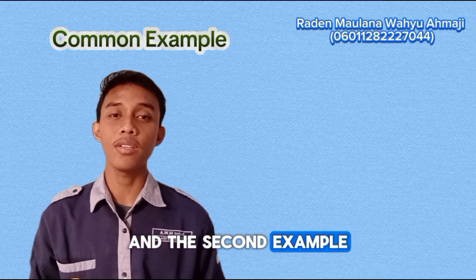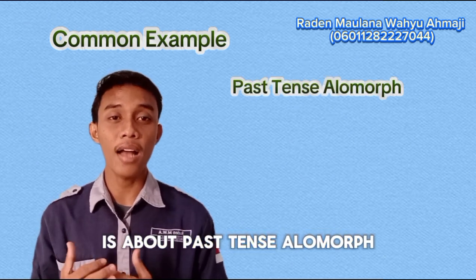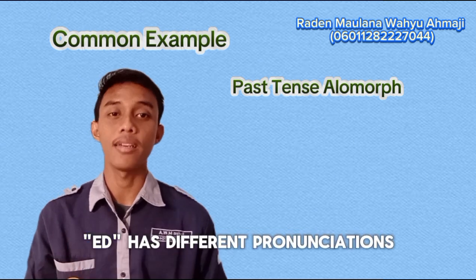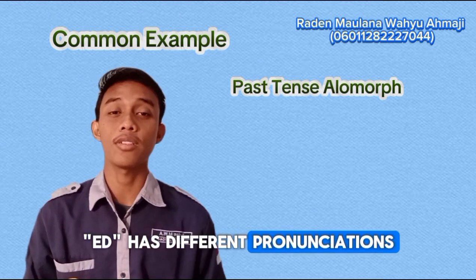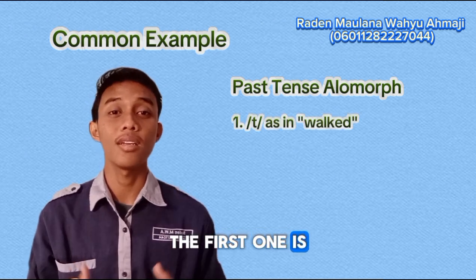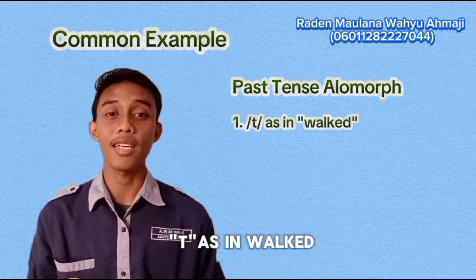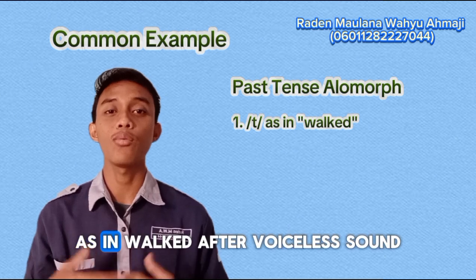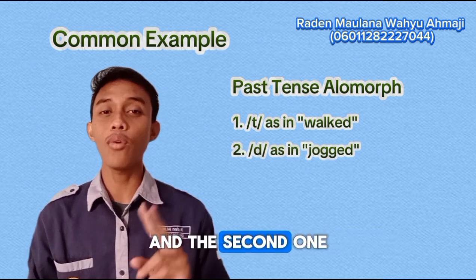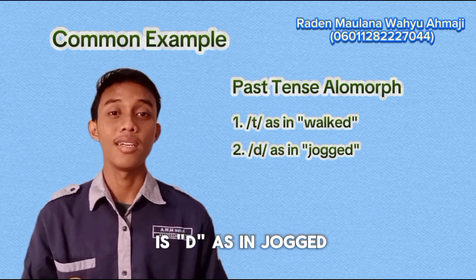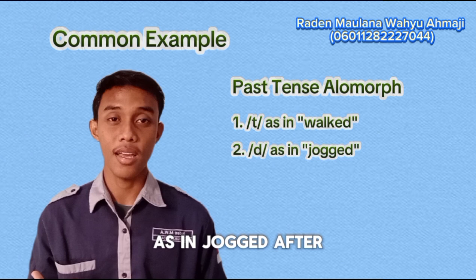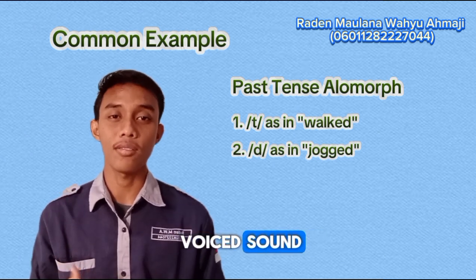And the second example is about past tense allomorphs in English. The past tense morpheme -ed has different pronunciations, or allomorphs. The first one is -t, as in walked, after voiceless sounds. And the second one is -d, as in jogged, after voiced sounds.